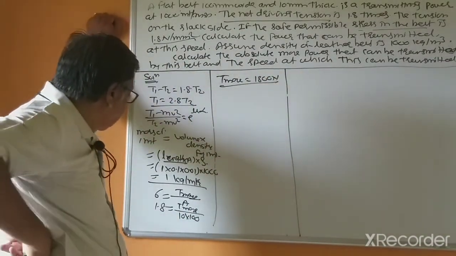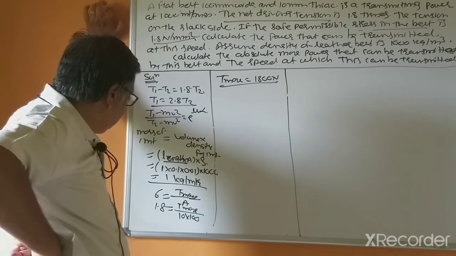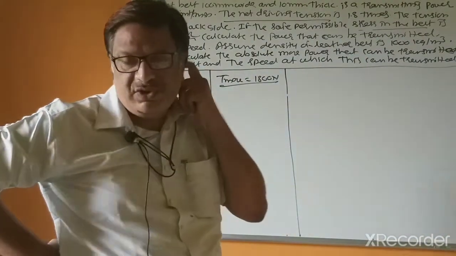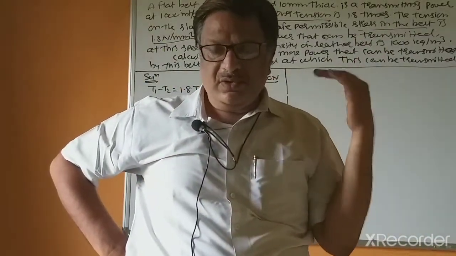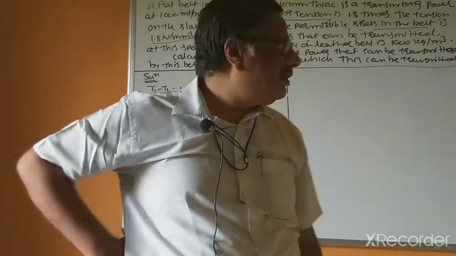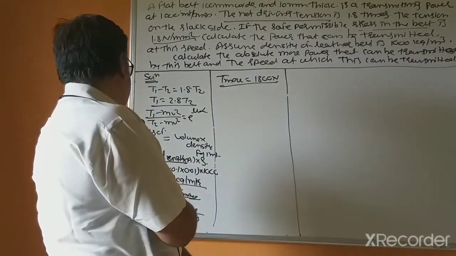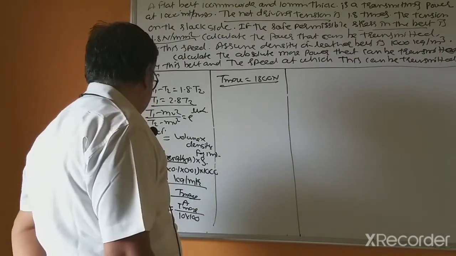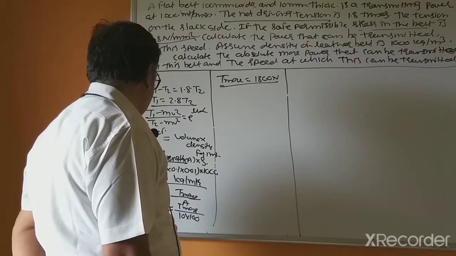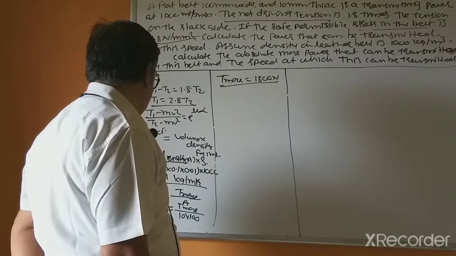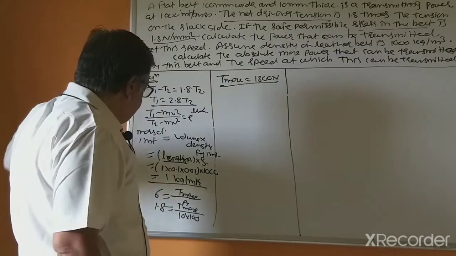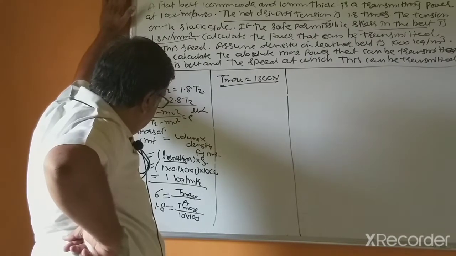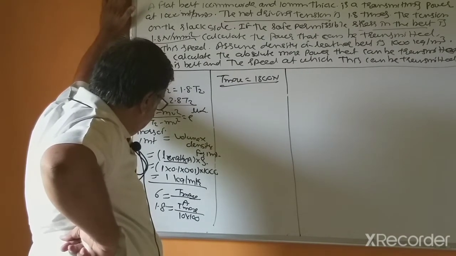Right? So this is the maximum tension which is allowed. So this is the actual maximum capacity of the belt. But this T1, the tension on the right side, is less than that. So what is the relation?